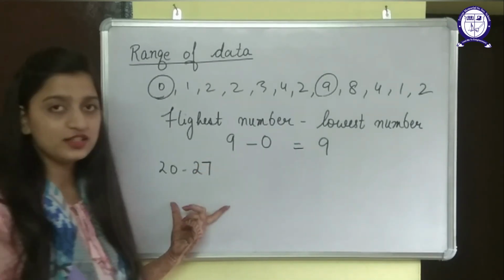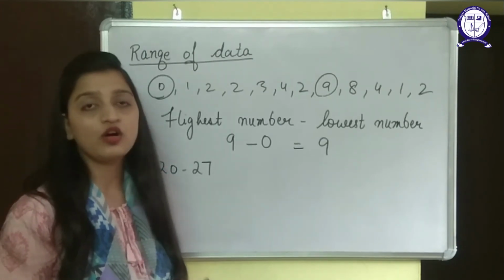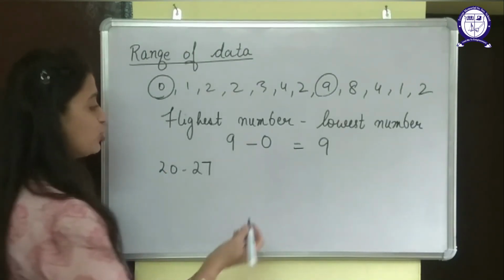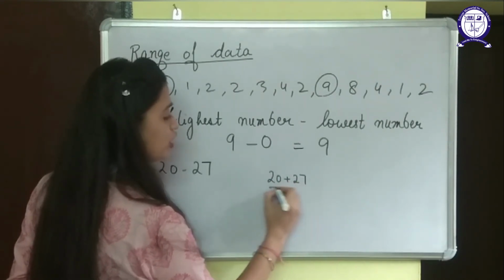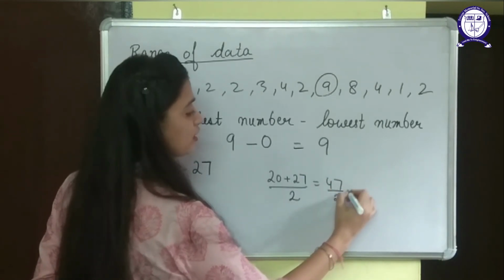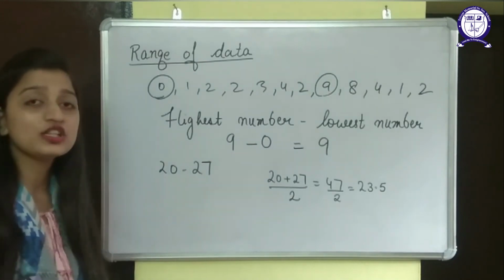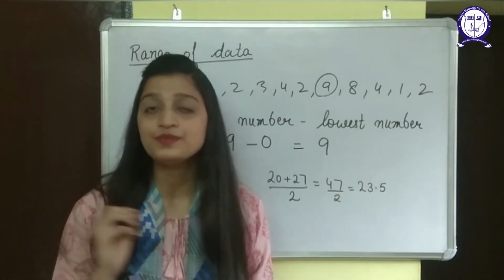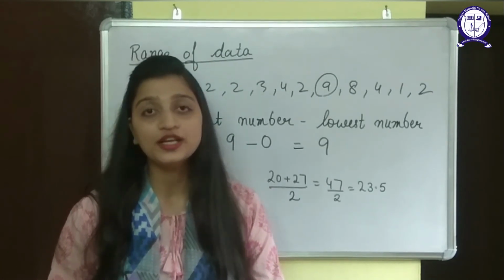This is a class interval and they can ask what is the class mark of this class interval. So you just need to put the formula (20 plus 27) upon 2, right? It would be 23.5, right? So these simple concepts can be asked in the form of questions for the frequency distribution table.